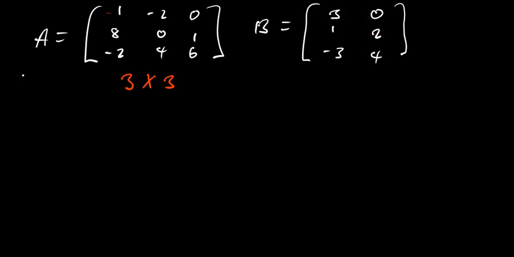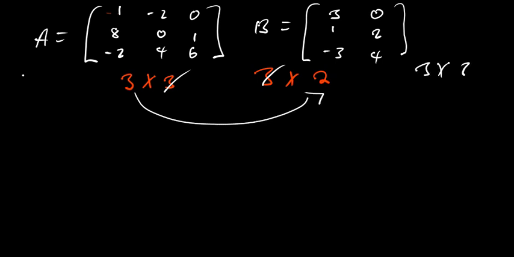So I have got 3 by 2. So then inside, like we said, the column of matrix A should be equal to the rows of matrix B. So they will always cancel because they are the same. So the answer will be 3 by 2. So the answer I have to find here should be 3 by 2 matrix.